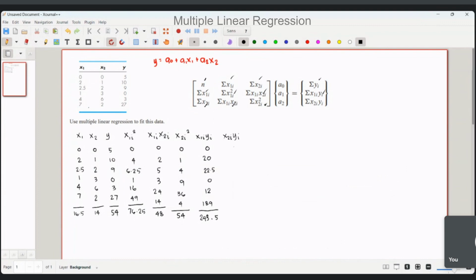That's 0, 10, 18, 0, 18, and 27 times 2, 54. 20, 30, 30, 46. That's 100. Okay, we have all those values to put in our matrix.